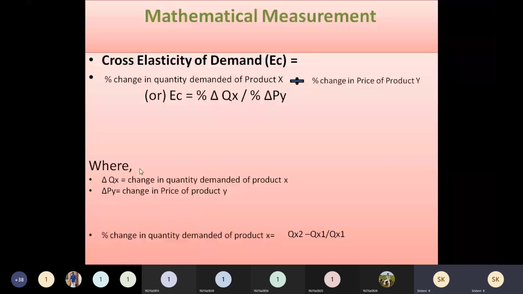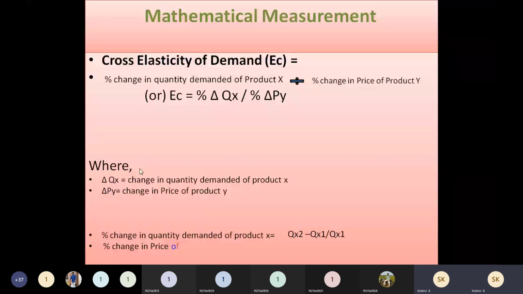Be careful here while giving the denominator price. PY you have to represent here. So as usual, Q1 means quantity, and PY1 means price of product Y after change and before change. After change, you take it as second price.